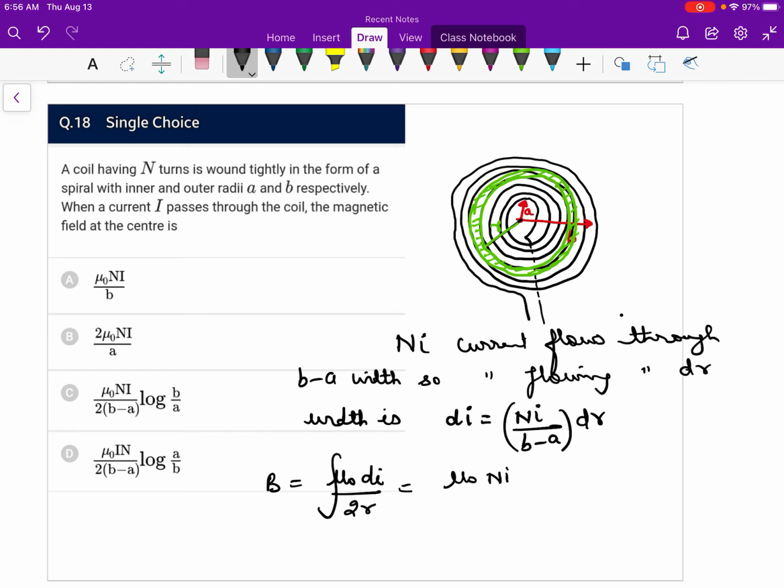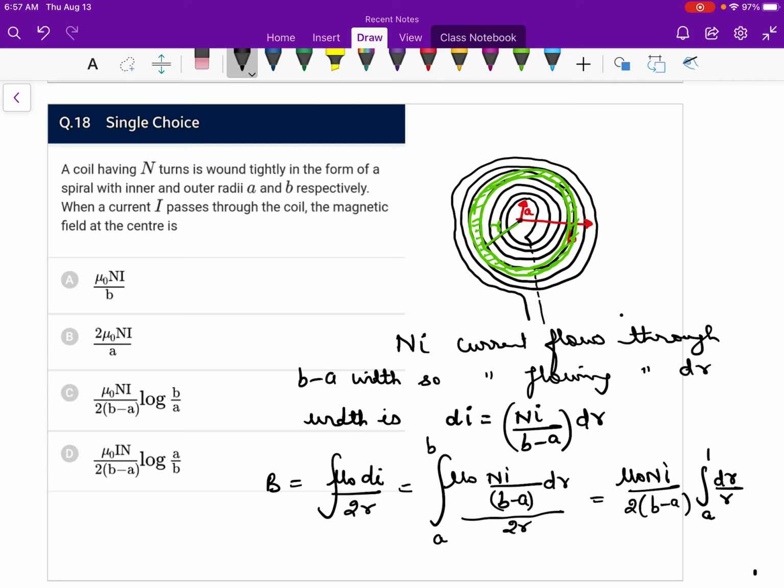So that is mu naught Ni upon B minus A, dr upon 2r, integration from A to B. So mu naught Ni upon 2 into B minus A, and this is integration of dr upon r from A to B. So 1 upon r integration is ln r, which is ln B minus ln A, which is ln of B by A. So the final answer is mu naught Ni upon 2(B minus A) ln of B by A. So that is C is the correct option.